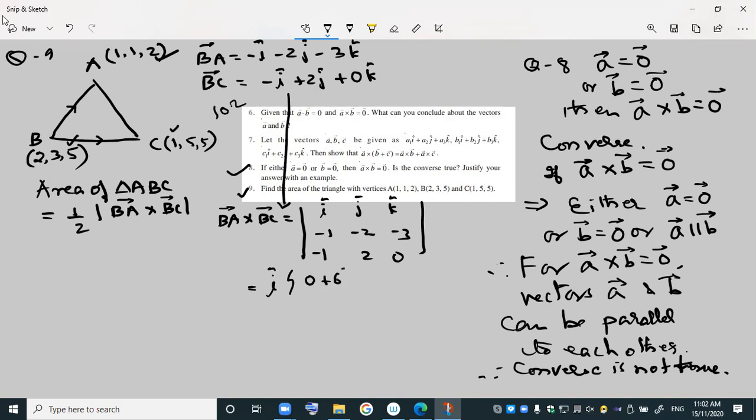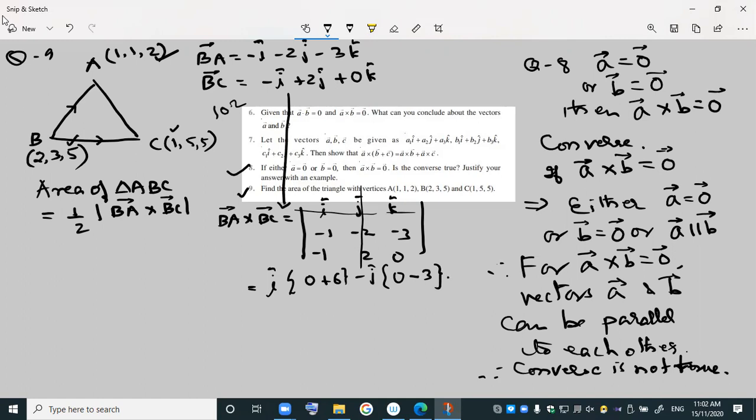I take i: first row, first column, delete, -2 into 0 is 0, minus, minus 3 times 2 is 6. Then minus j: first row and second column, delete, -1 into 0 is 0, minus, minus 3 times -1 becomes -3.